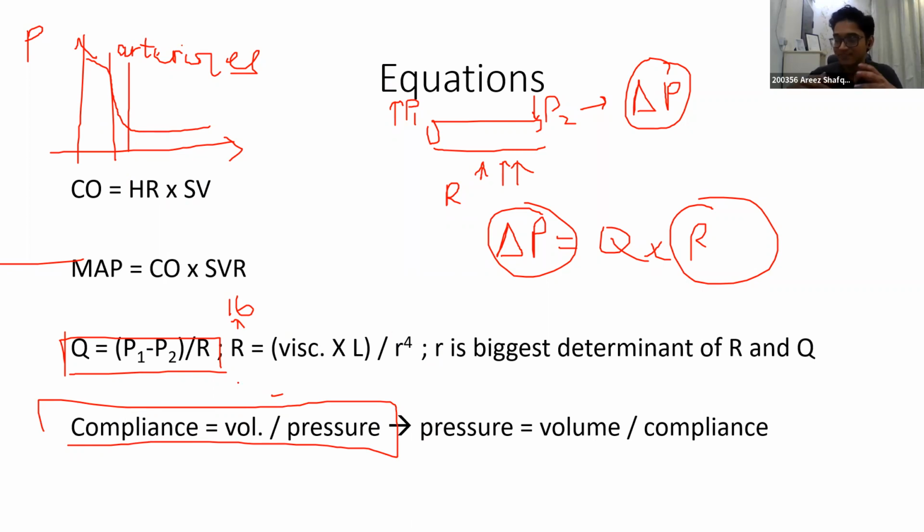Let's say I have a tube and I fill it up with blood. Some tubes are very elastic or stretchable, so when I put the blood in, they stretch and accommodate that entire volume without a big change in pressure. But if I have a very rigid tube, even if I put a little bit of fluid in, the pressure will rise very much.